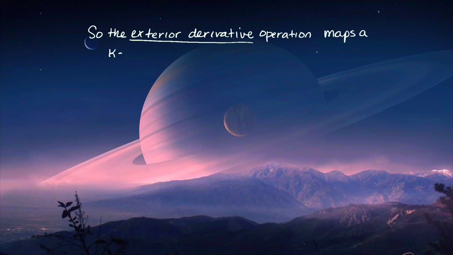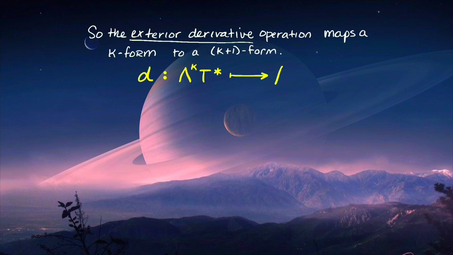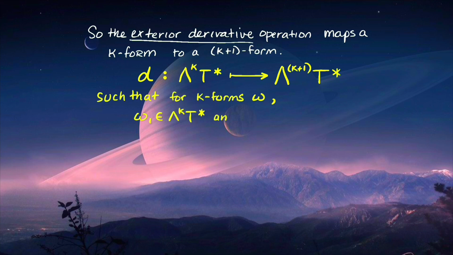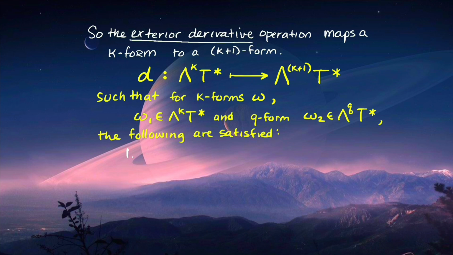So this exterior derivative operation maps a k form to a k plus 1 form, such that for any k form omega, say omega 1 in wedge k and omega 2 in wedge q, we have the following that are satisfied for the exterior derivative.